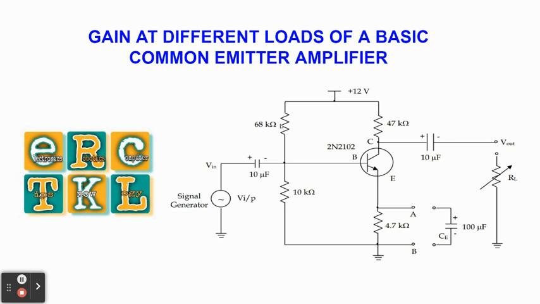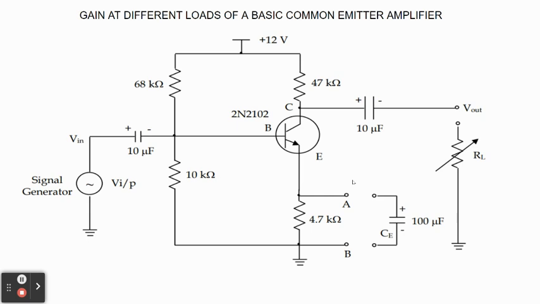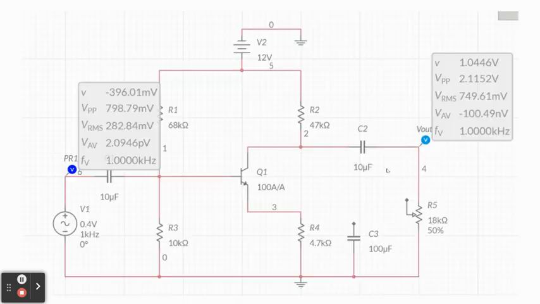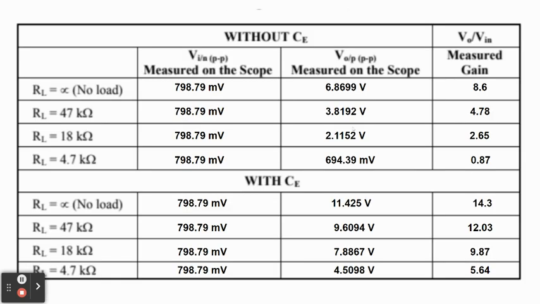As we have done before, the signal generator here or the voltage input is given, and these are the values that we have used. And this is an example of a circuit that shows you the effect of doing the circuit connections.